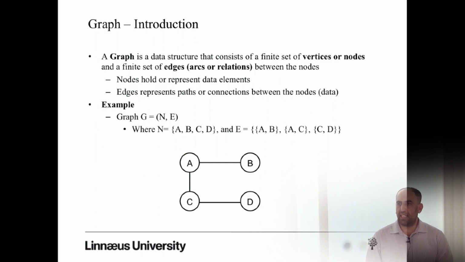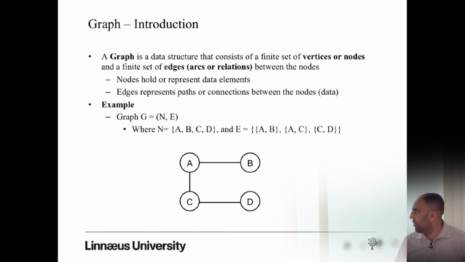Simply, as you can see in this slide, a graph is basically a set of nodes and edges. The edges are connections between the different nodes. Typically, we use the nodes to represent data items, like the values you have, and the edges, the connections between the nodes, to represent the relationships between the various nodes.